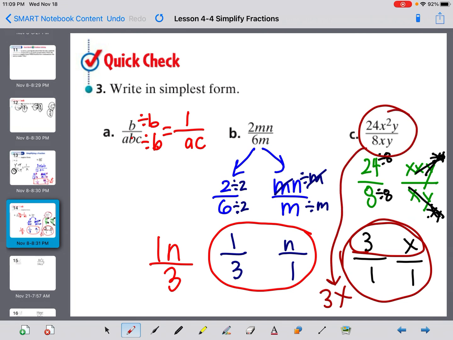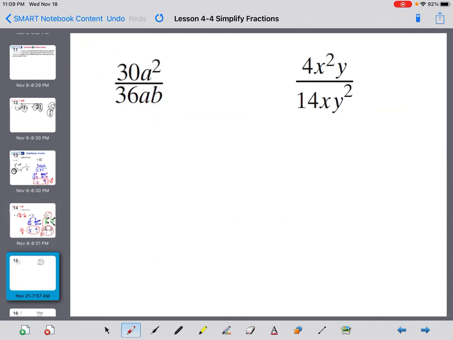So I've simplified all of this down to 3x. Go ahead and try these last two. You're going to have to pause and separate the numbers and the variables and stretch out some variables. Go.